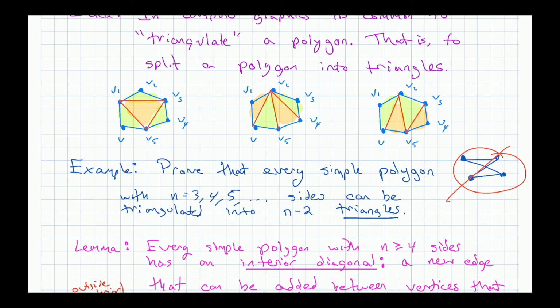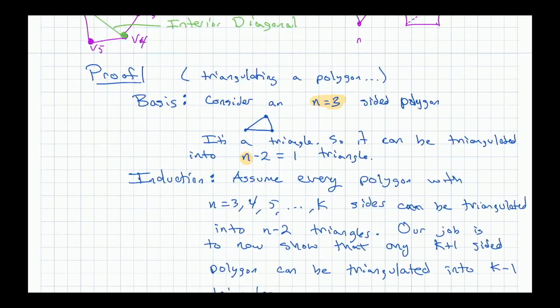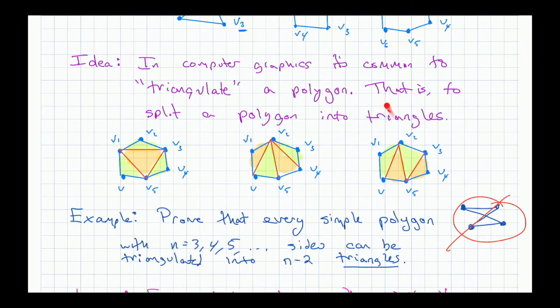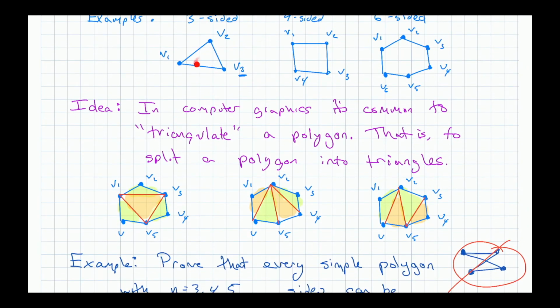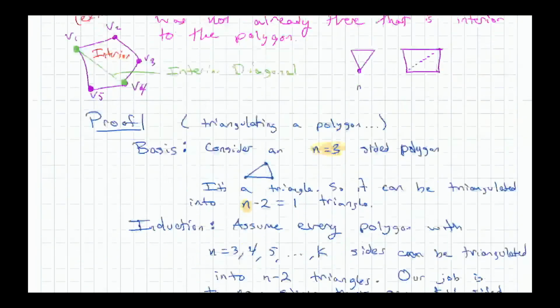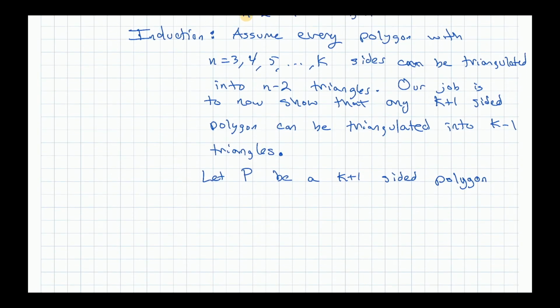But what if I had written all this without the word simple? Then I probably would have kept drawing these kinds of pictures, and I would not even have thought about this, even though it was a possibility. So you have to be careful that your picture describes all of the possible cases. So let's say let P be a k plus 1-sided simple polygon.